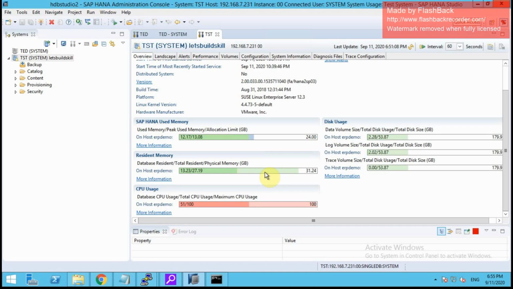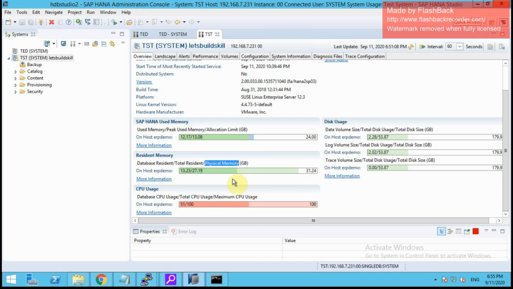One point is clear now. Now coming to what physical memory is. Again, physical memory is the same as I said, which is available on your hardware. In our case, it is approximately 32 GB.